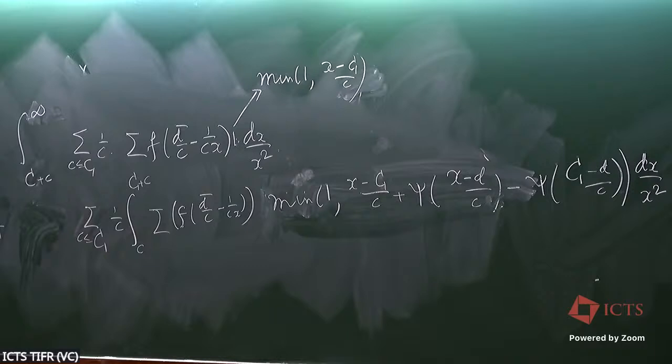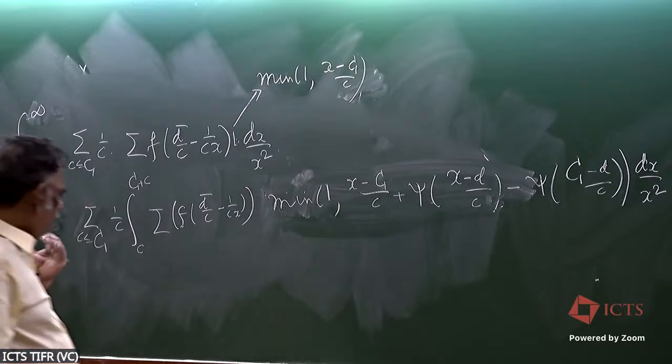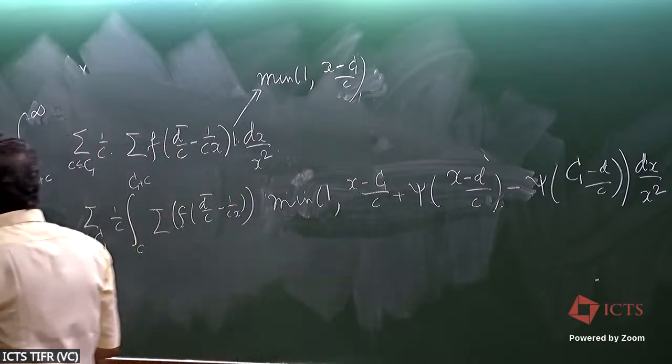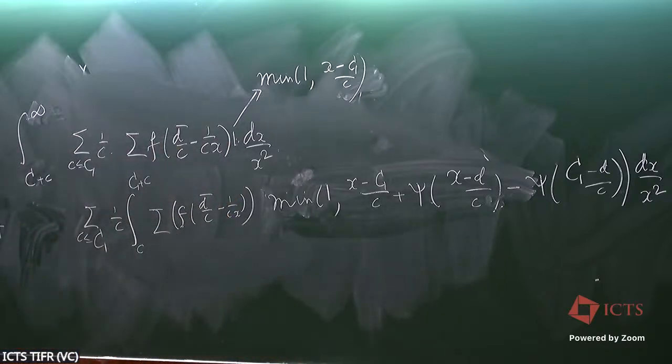Because in the second integral it is the minimum of 1 and (x minus C) over c, and therefore the 1 also I can replace by the minimum, and that essentially will give you, and then I can combine both the integrals.